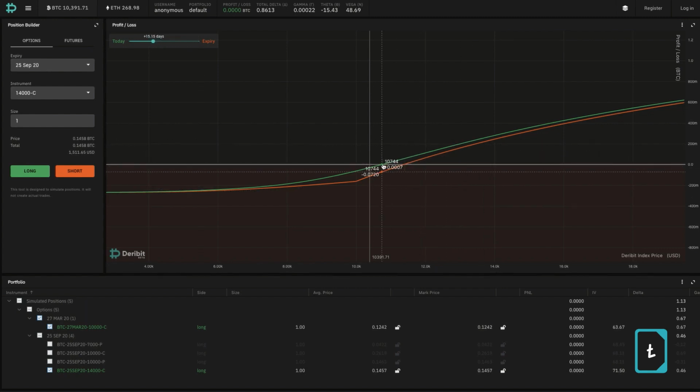When someone may do this, maybe they hold 2 Bitcoin and they say, I'm going to go sell these 2 Bitcoin to cash, and I'm going to go buy 2 Bitcoin worth of calls in case there's additional upside, and I'm going to pay 0.29 BTC to do it. Now, if they don't want to choose these, they can choose a mix and match of strike dates and strike prices to suit their needs for what they want to do.